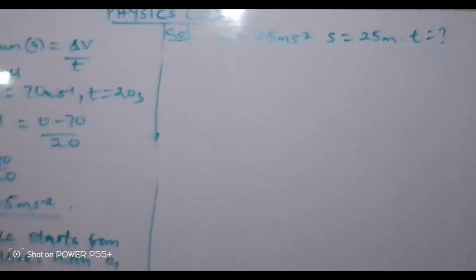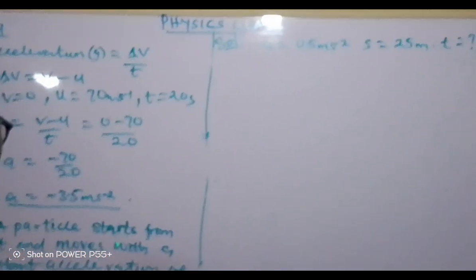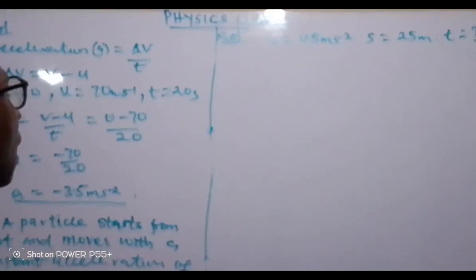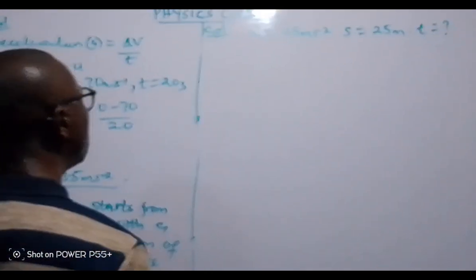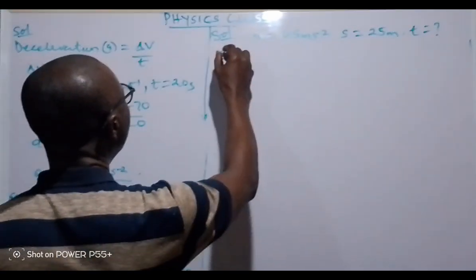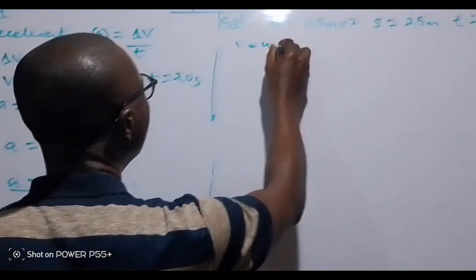Now, if you look at this question, the equations of motion suitable for it: we can first write the equations. Equation 1: v is equal to u plus at, since it is acceleration.